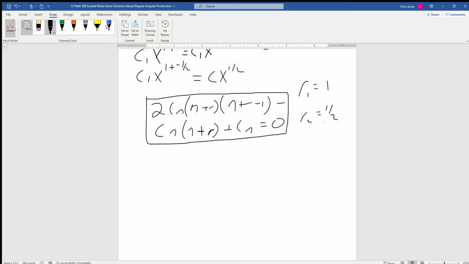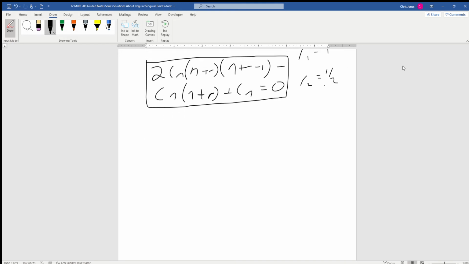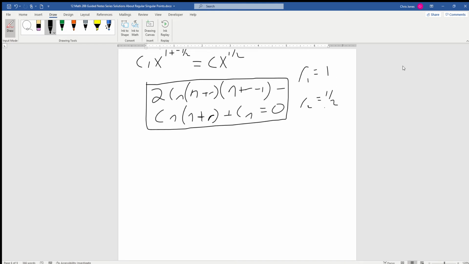Now in this case, something strange is going to happen because it's an easier example. So let's start with where r1 is equal to 1. If we do that, we're going to get 2c sub n times (n plus r minus 1), where that's going to be 1 minus 1, and this should be c sub n, excuse me, not c sub 1.